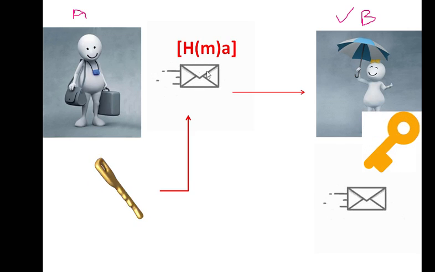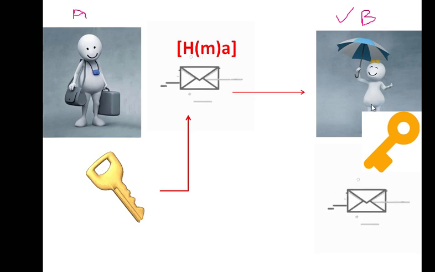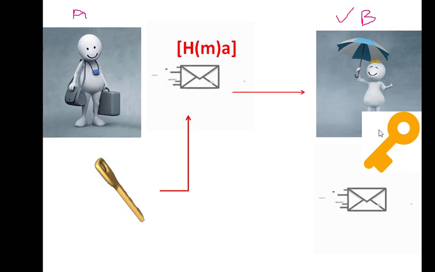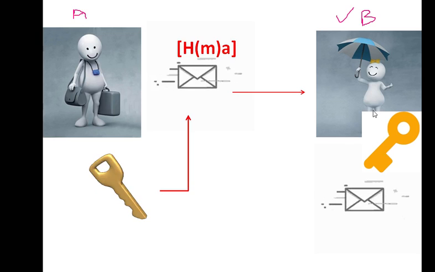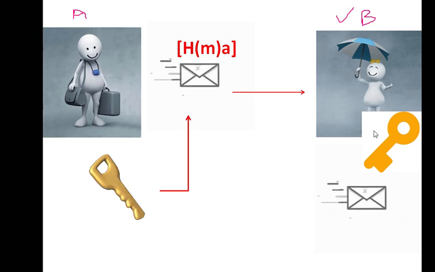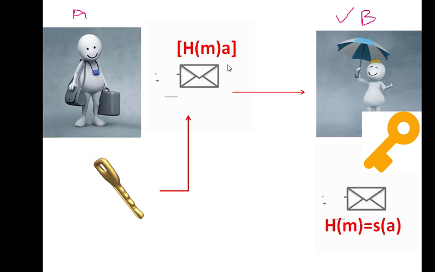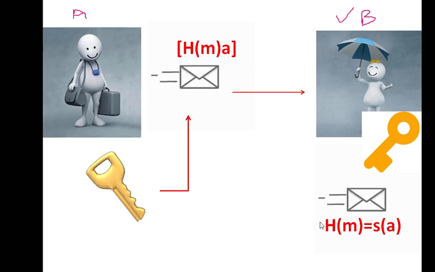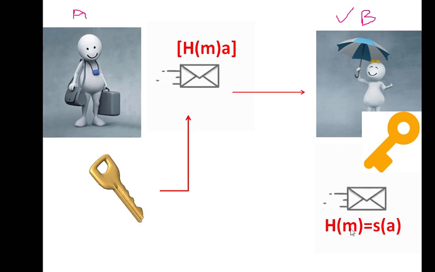And after sending this message to the receiver, what will he do? Through the public key, he will verify the signature, whether this is matching or not. Hash of message, M is message, H is hash value.